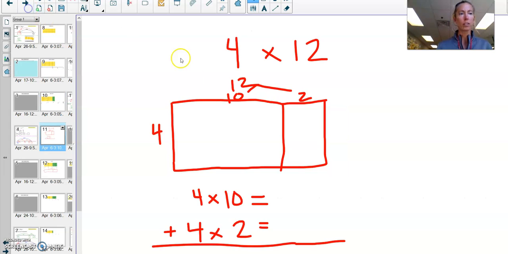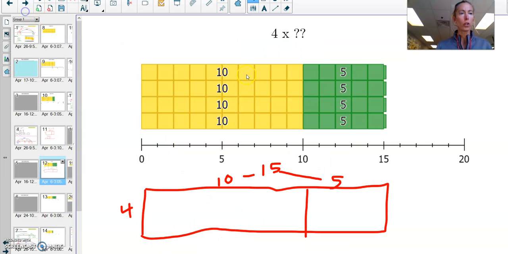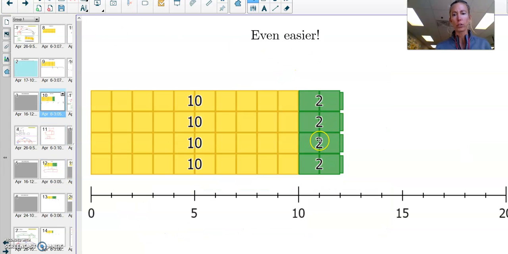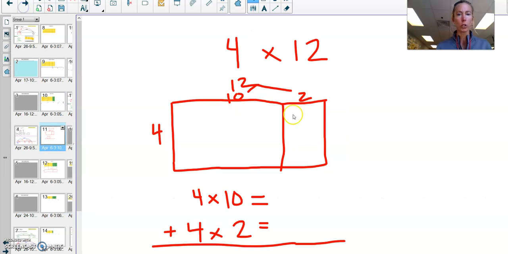How many squares was that? Well, that was 10, 10, 10, and 10. That was 4 groups of 10. That was part of my area, 4 times 10, which is 40. And then my other part were all those twos in my picture, which were right here. I had 4 groups of 2. So that's what's existing in that area. That's why I wrote my partial product down here, and then I add them together.